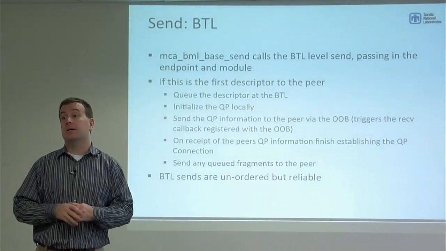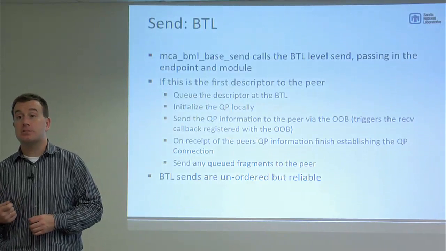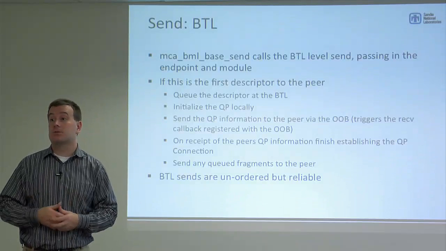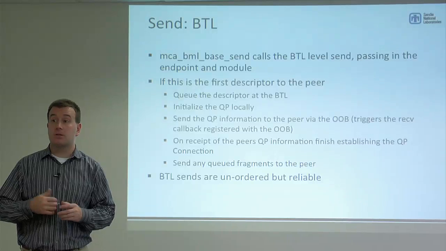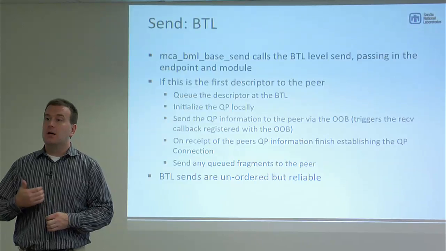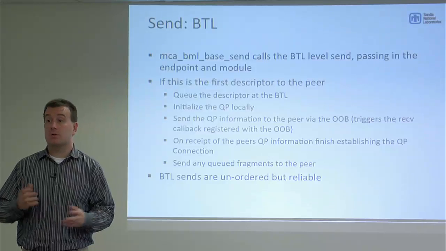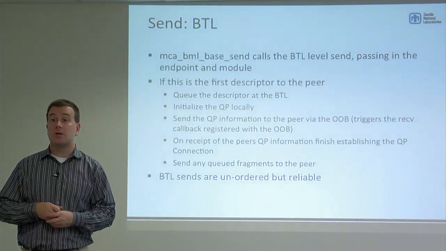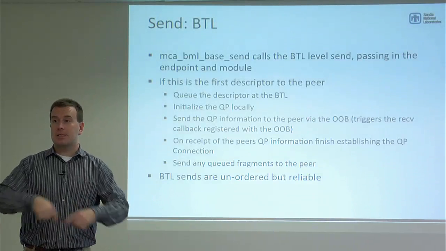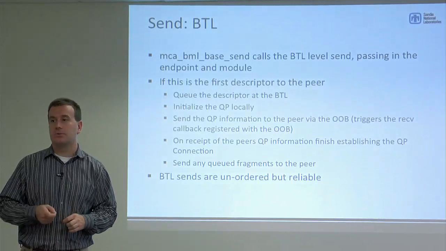Wiring up a socket or an InfiniBand queue pair for each peer at the beginning of time is going to result in a lot of resources being used by the system that the MPI user is never going to need. Most MPI applications only talk to, say, 10%, 20% of their peers. So eagerly setting up a connection to all of your peers is going to be really expensive and a total waste.